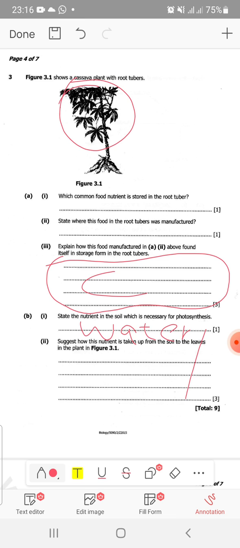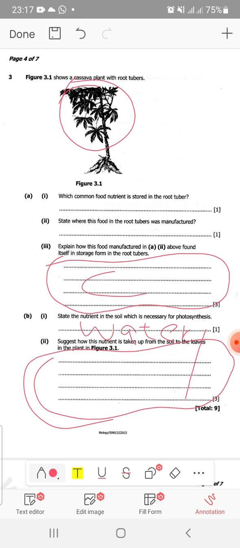Water is taken from the soil by the process called osmosis, where the water is absorbed from the soil by the root hair cells. The root hair cells then send this water into the xylem vessel, and the xylem vessel, with the help of transpiration, transports water from the roots to the leaves where it is needed for photosynthesis.